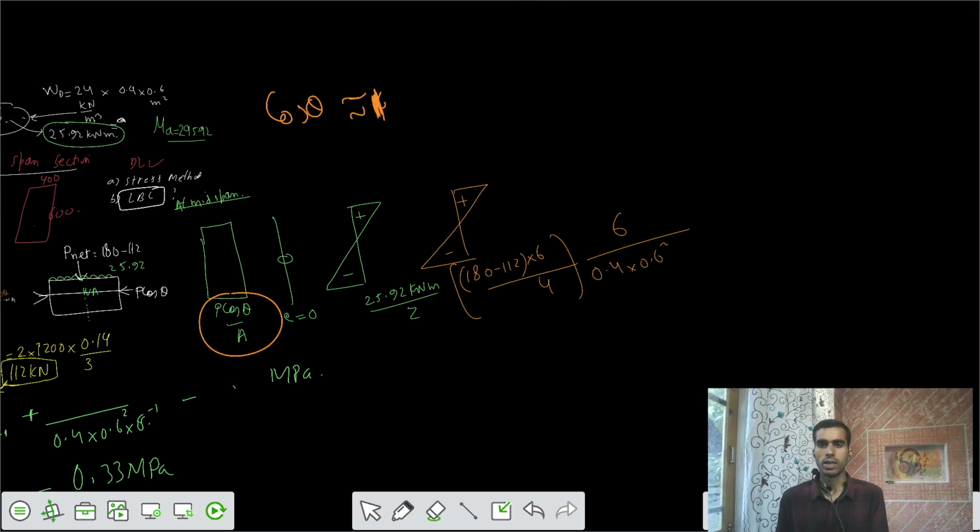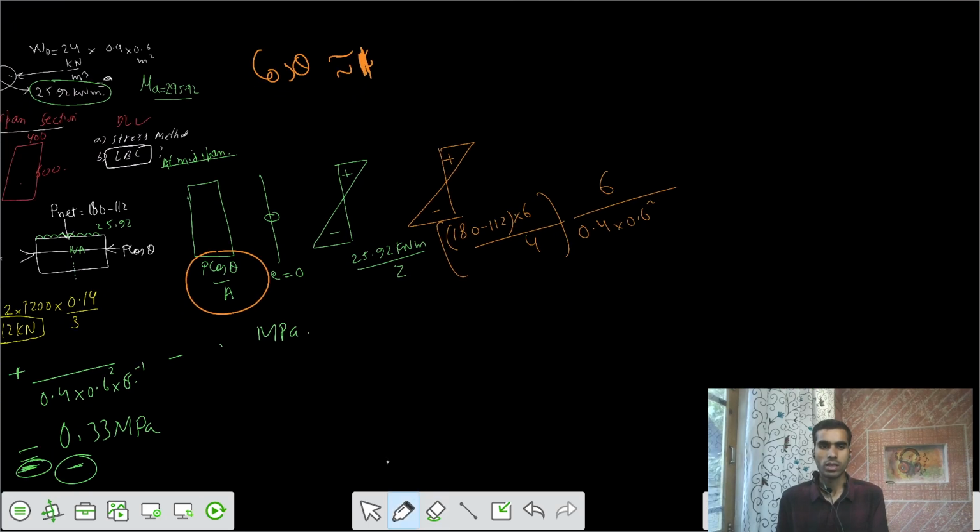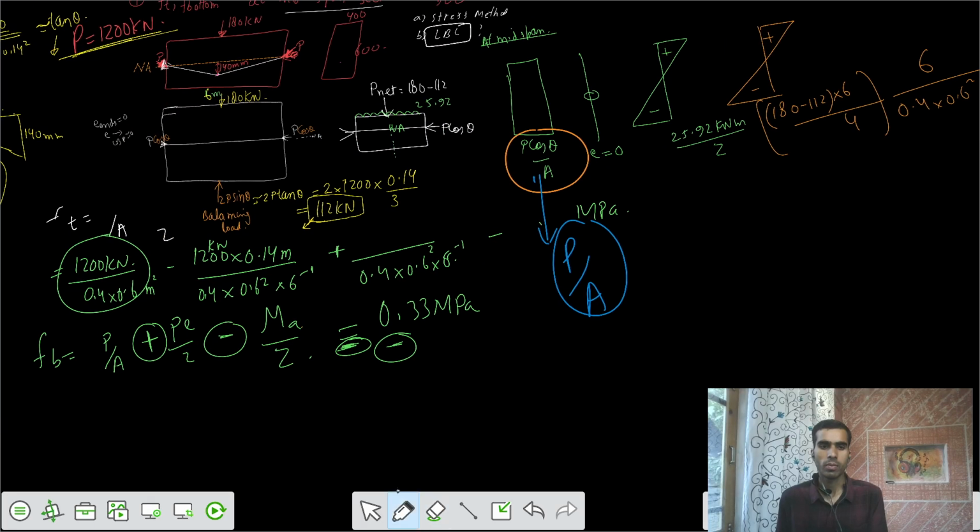So the final values of stresses: this we already calculated as P by A from the stress concept. PE by Z is not there because eccentricity in this case is 0.